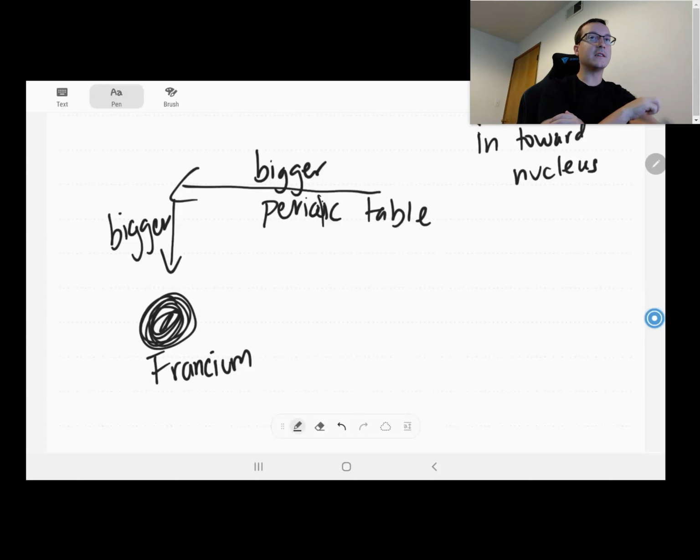Not quite, Elsa. Because remember, if we go down on the periodic table, we're also going to get bigger. So since hydrogen has things below it, we're going to go... Oh, no. So remember, if we go to the left, Robert, you get bigger. So francium is our biggest.